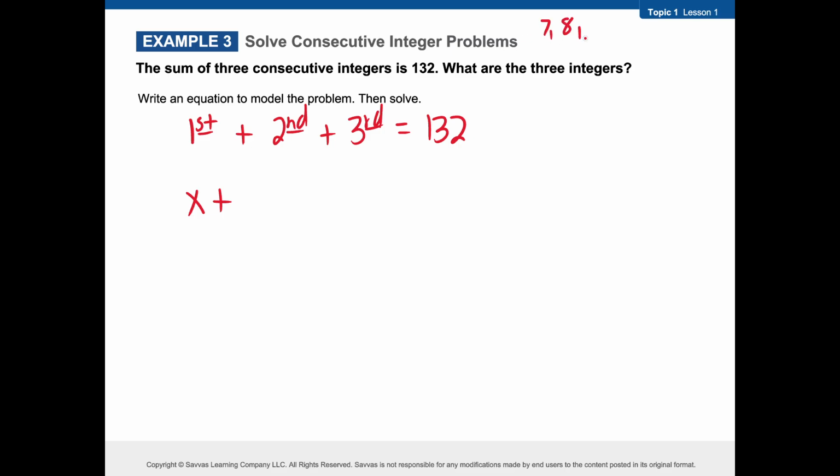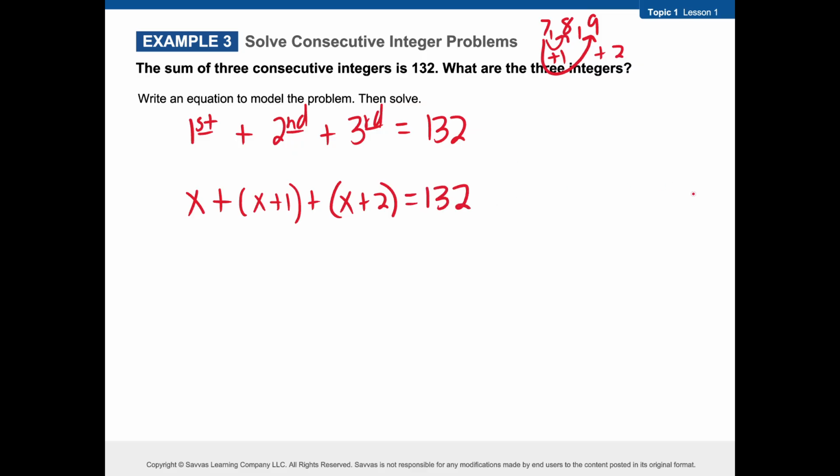The second number has to be 1 away from the first, so my second integer is 1 more than my first integer. That third integer will always be 2 away from the first. So whatever my first number is, if I add 2 more, that will always give you the third number.